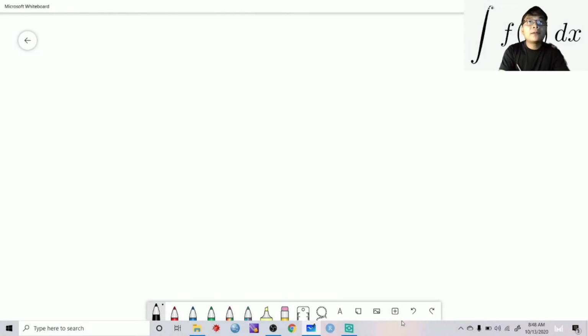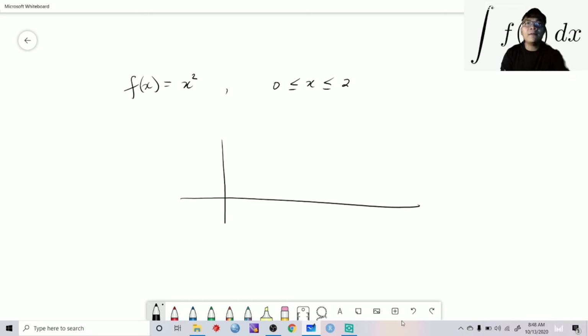Alright, so for example, we have f of x be x squared, where x is bounded by the number 0 to, let's say, 2. So here's the graph of the function.